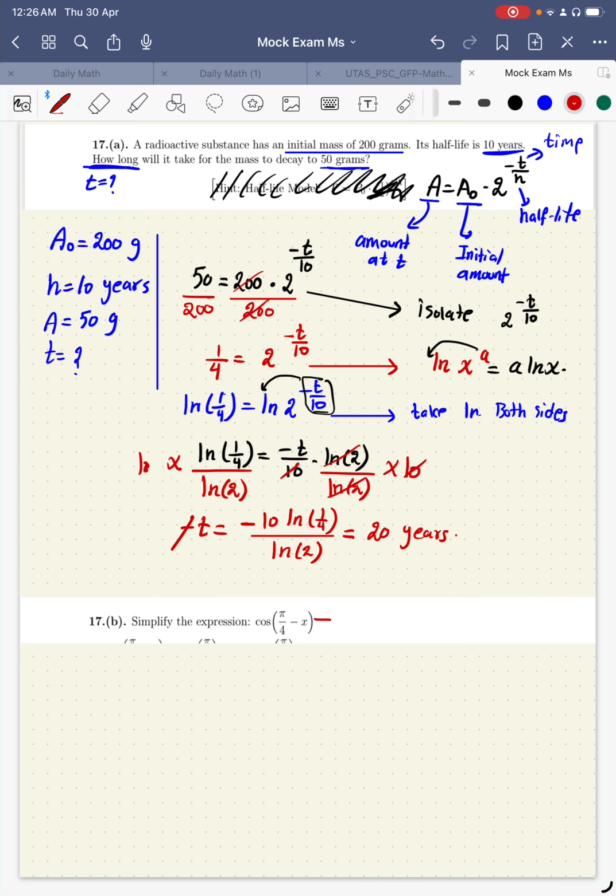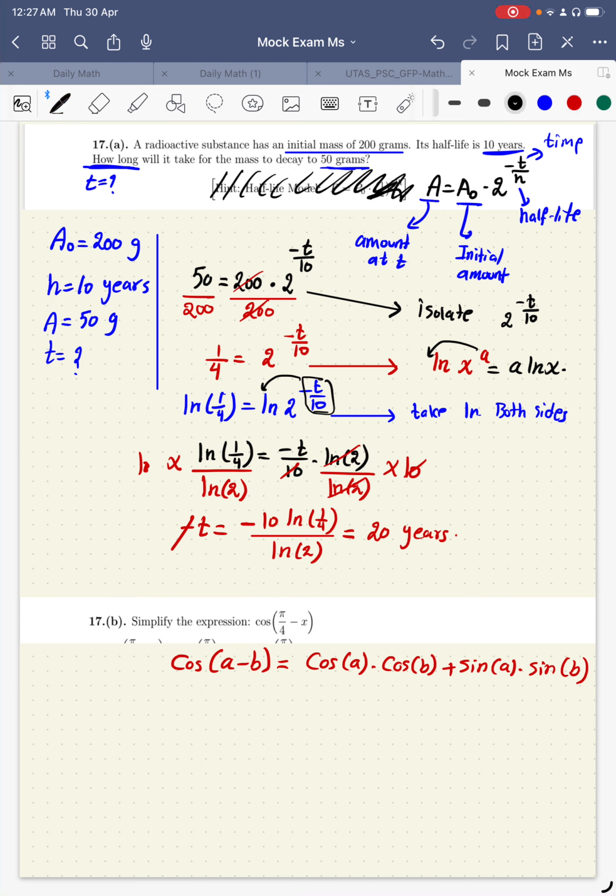So of course I'm gonna use the difference identity of cosine, which states that cosine of a minus b is the same thing as cosine of a times cosine of b plus sine of a times sine of b.